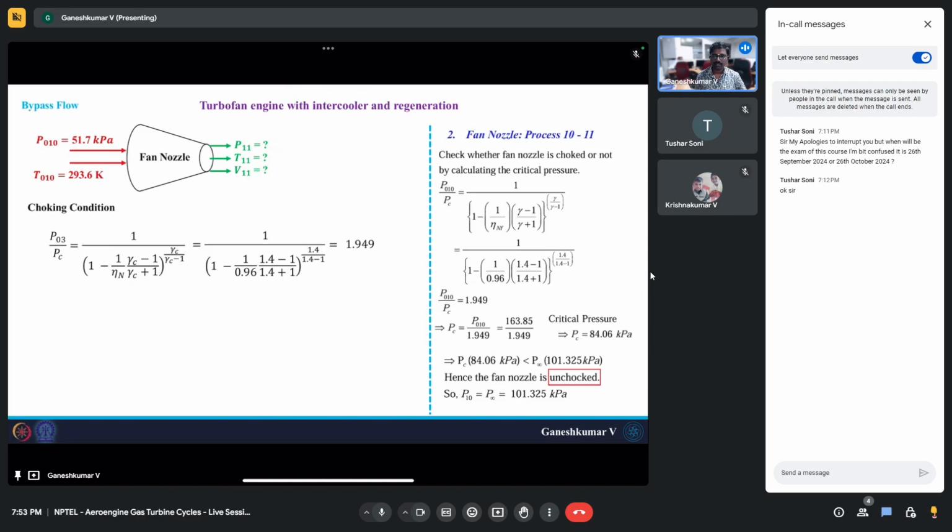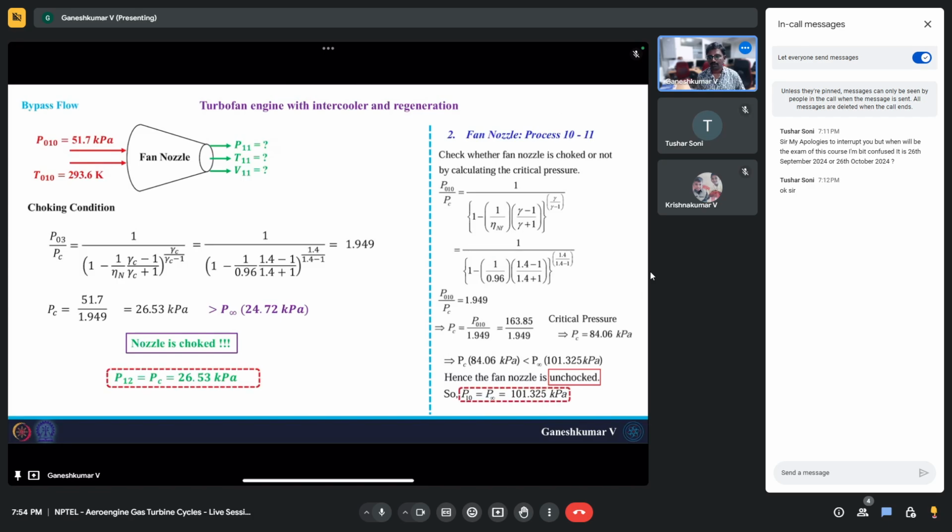We'll find the choking condition, and from there we'll find the critical pressure, which is 26.53 kilopascal, which is still higher than the ambient pressure, which was 24.73 kilopascal, and hence the nozzle is choked and the exit pressure would be 26.53 kilopascal. So I think here it is not P12, it is P11. There is some typo, so I will change that.